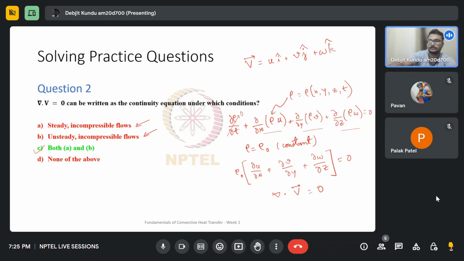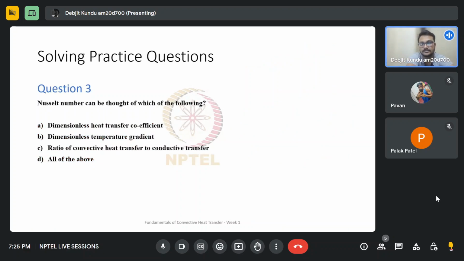We'll move on to question number 3 of today's session, which asks which of the following the Nusselt number can be thought of as. Option A, dimensionless heat transfer coefficient. Option B, dimensionless temperature gradient. Option C, the ratio of convective heat transfer to conductive heat transfer. Or option D, all of the above?